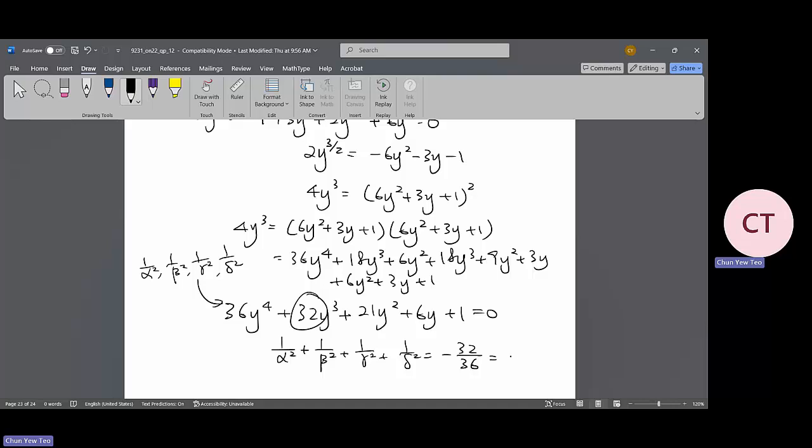Simplify it, all can divide by 4. You get negative 8 over 9. So, done. That will be the answer for number 2, part A.